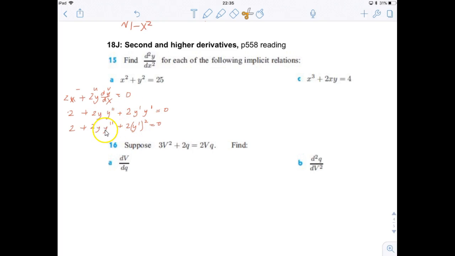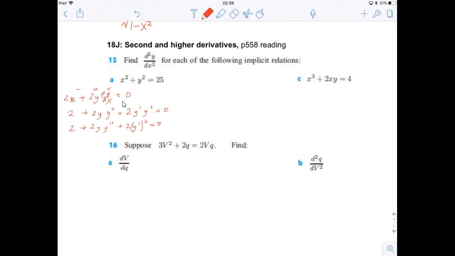What we want to do now is solve for y double dash. We have y dash in here. We don't want that anymore. Can we solve for y dash here and put that expression here and just have x's and y's in it? Let's do that. So like this expression here, if we solve for dy dx, we would have negative 2x divided by 2y.